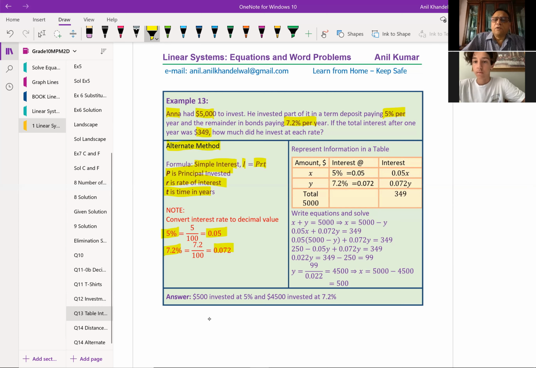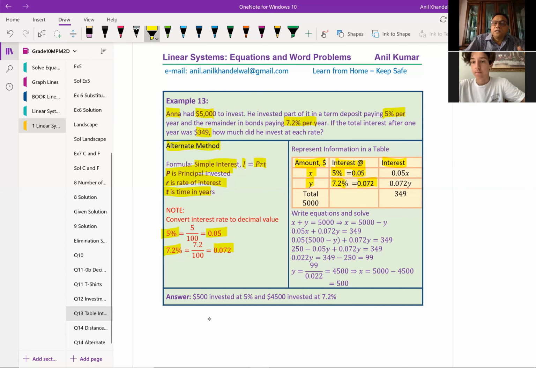Now see, we have made a table which says we're interested in 3 things: amount, rate, and interest itself. The amount we don't know, how much did we invest? So we invested X and Y amounts. X amount at 5%, Y amount at 7.2%. When I say 5%, decimal value is 0.05, 7.2 is 0.072.